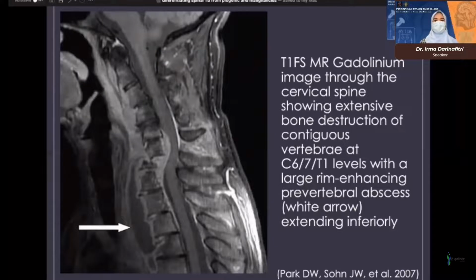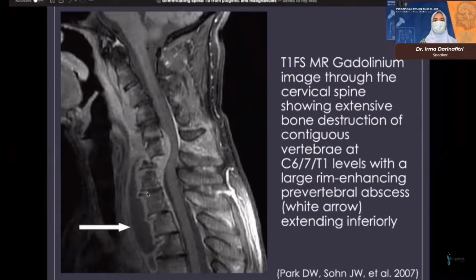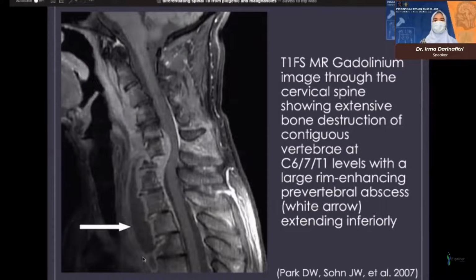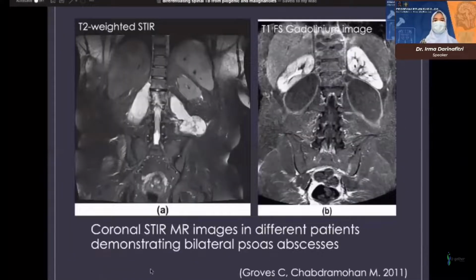This is T1 fat saturated MR gadolinium imaging through the cervical spine showing extensive bone destruction of contiguous vertebrae at C6, C7, and T1 levels with a large rim-enhancing prevertebral abscess extending inferiorly.